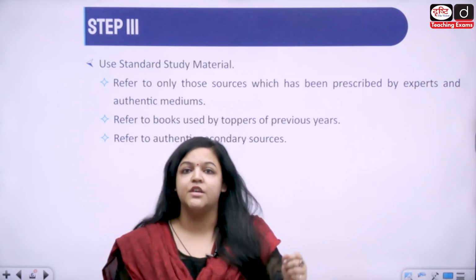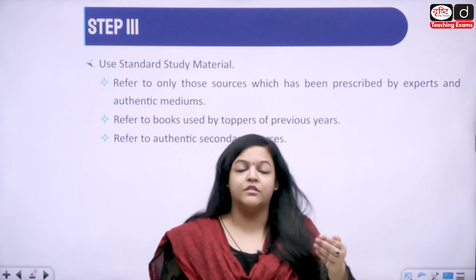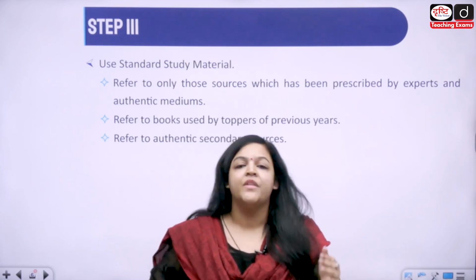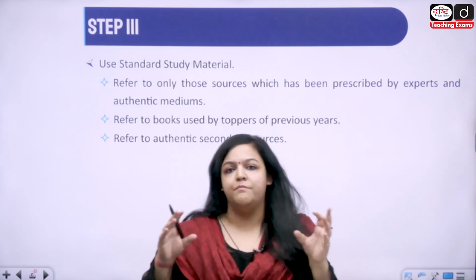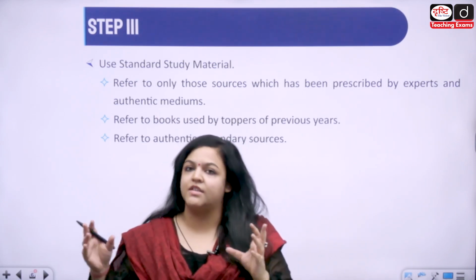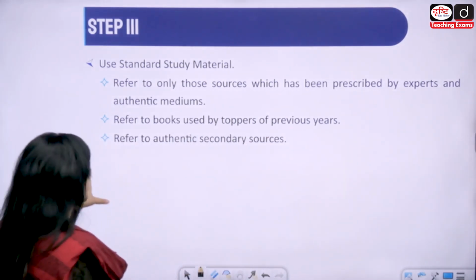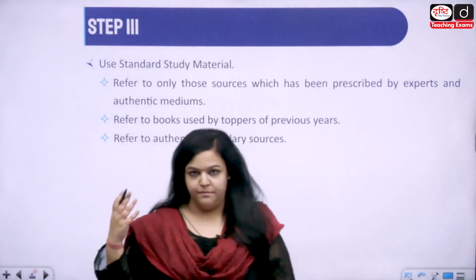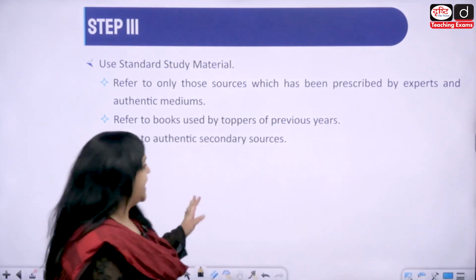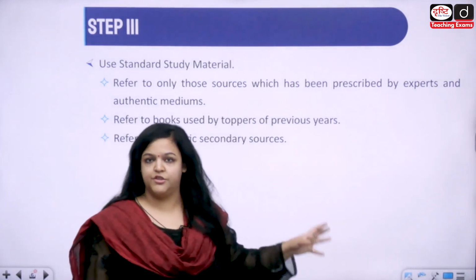Not every material is according to the syllabus or the revised syllabus, isn't it? So you must be trusting only the important and the trustworthy study materials, all right? So you can use those materials which have been prescribed by experts on authentic mediums, all right? And then you can also use the books which the toppers of previous years have referred to.